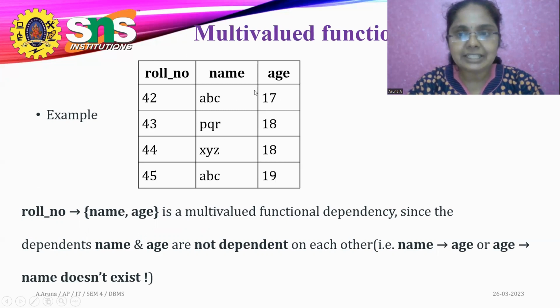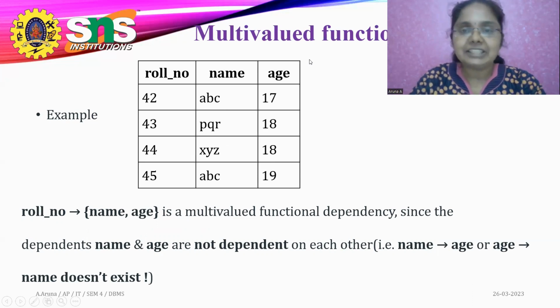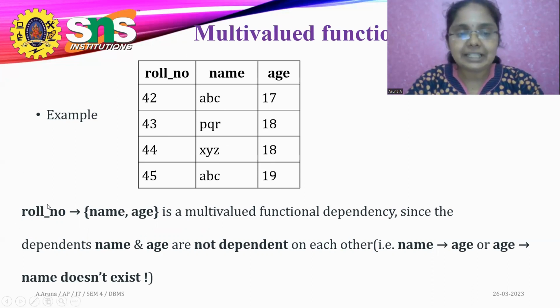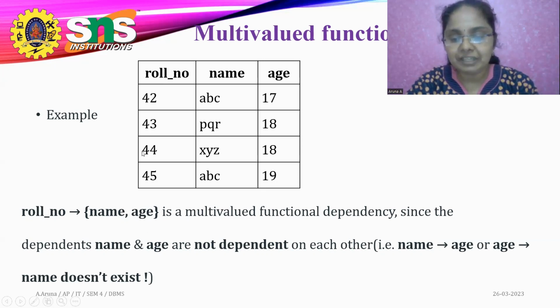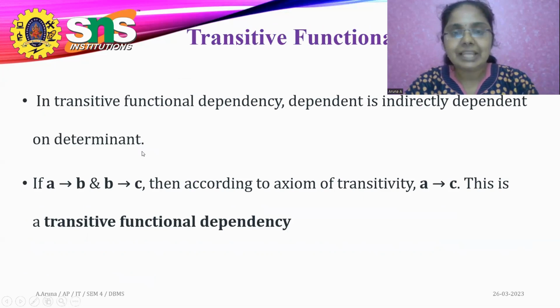These two are not dependent on each other, because here it is 17, here it is 18. So these are not dependent. Only with the help of X can we identify them. So this type of thing is called a multi-valued functional dependency. One thing: if the Y component has two attributes, then we can call it a multi-valued functional dependency.